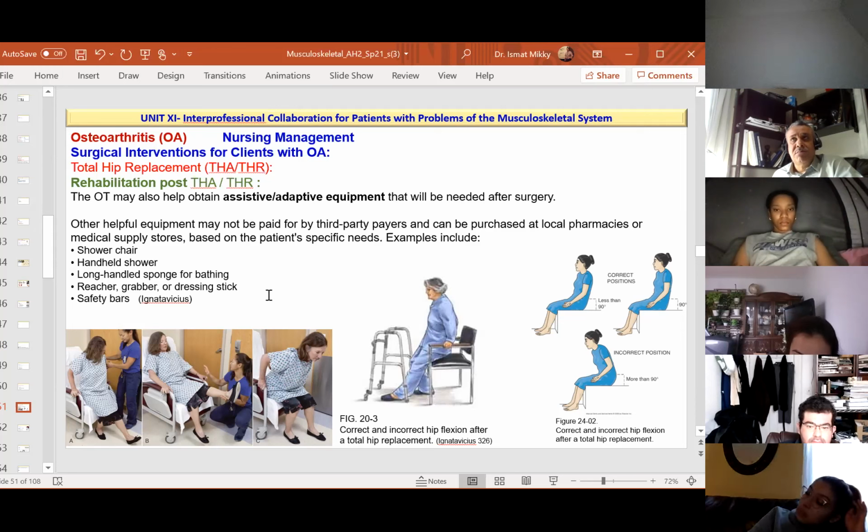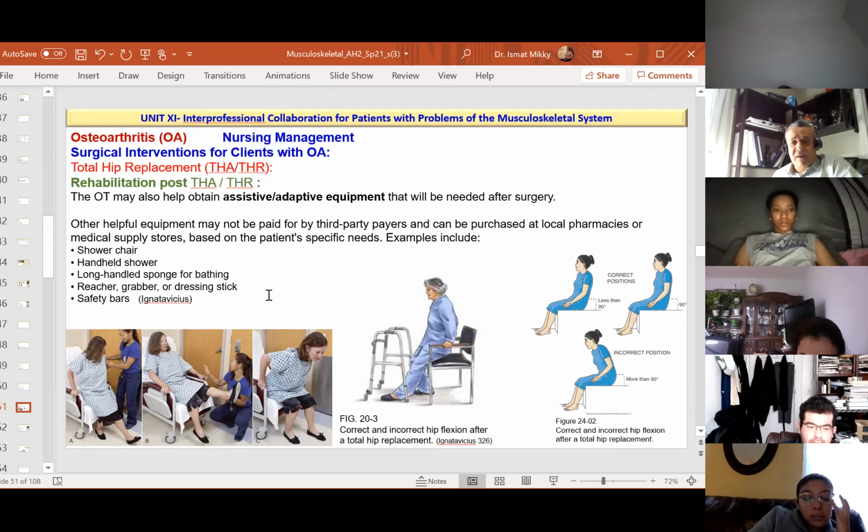Some textbooks will say yes, others would say no. So it's controversial. Some would say no because of the risk of dislocation. Others would say as long as you maintain the abduction, that's fine.